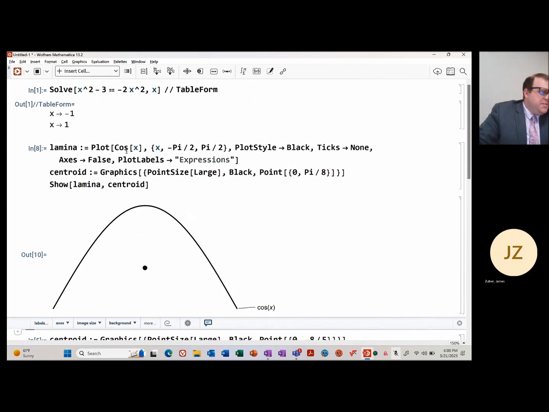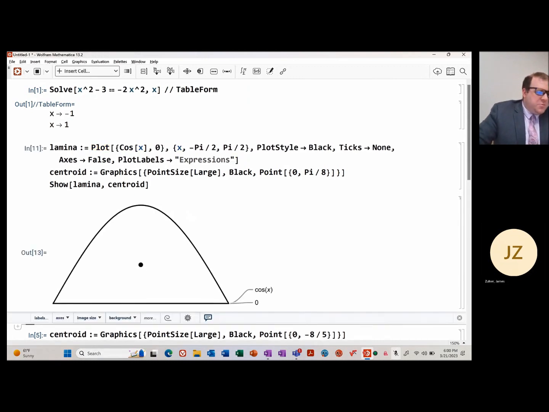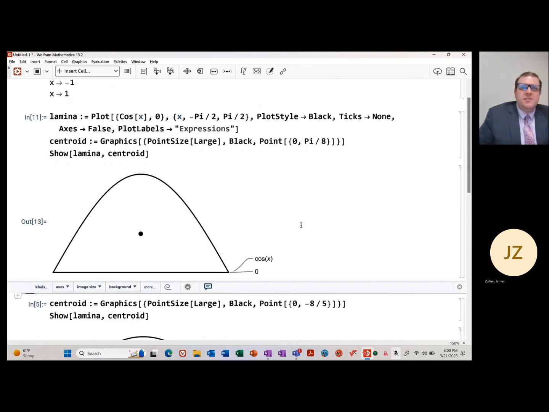Maybe I should plot 0 as well, just to close it off. Right, so again, as expected, right in the middle.